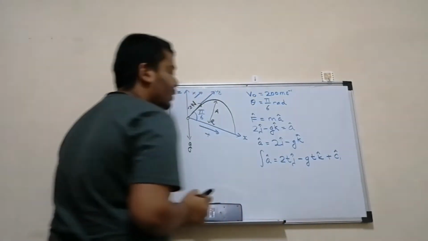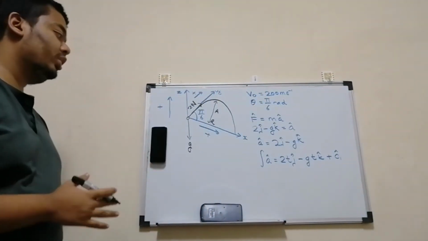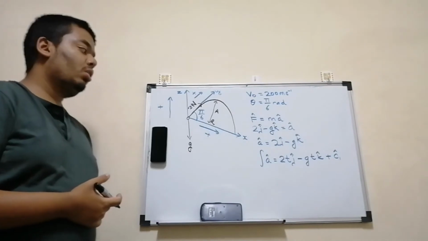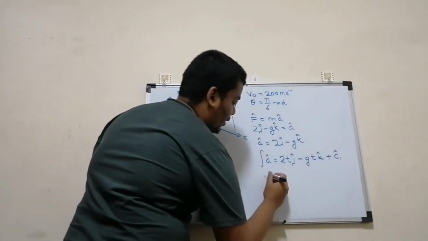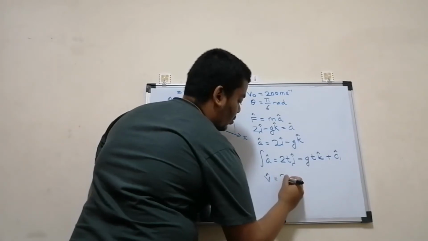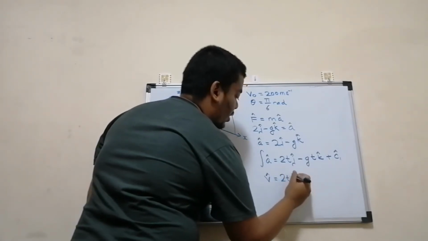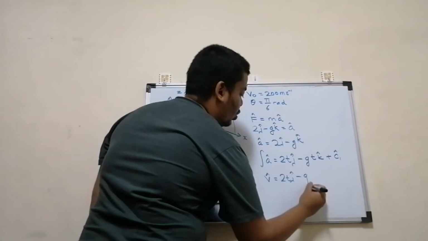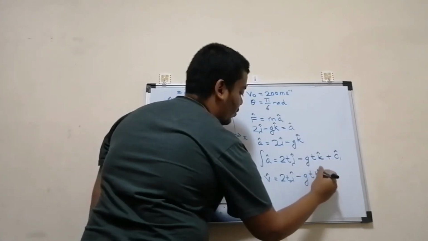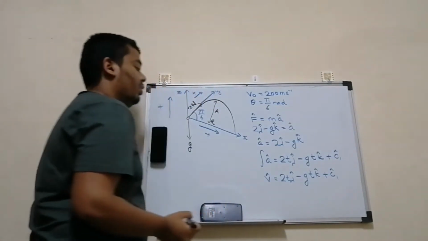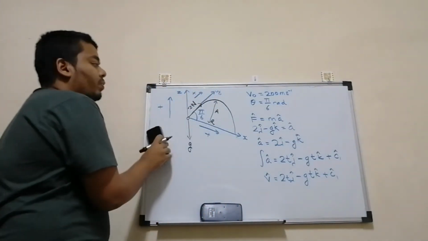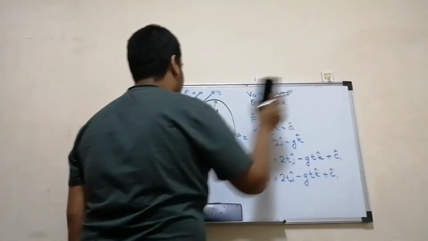And this is a constant vector. Whenever you're integrating vectors, you end up with a constant vector. So our velocity vector will be given by v is equal to 2tj minus gtk plus c1. Okay, perfect.